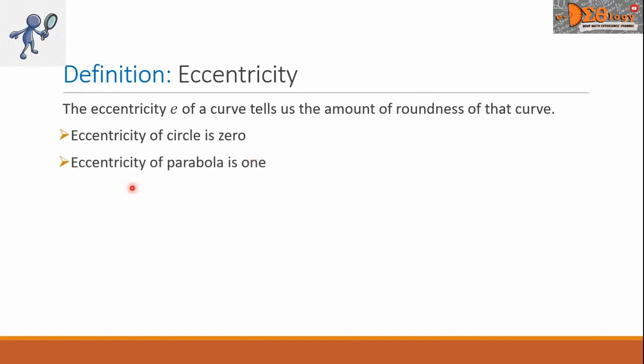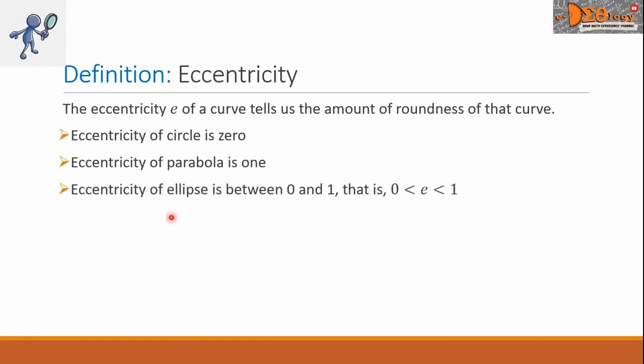The eccentricity of parabola is 1. The eccentricity of ellipse is between 0 and 1. And normally, you will see this symbol in the books. E is between 0 and 1.